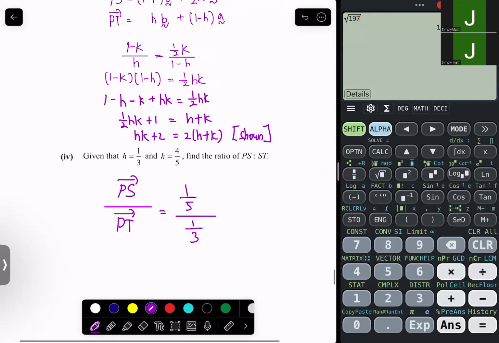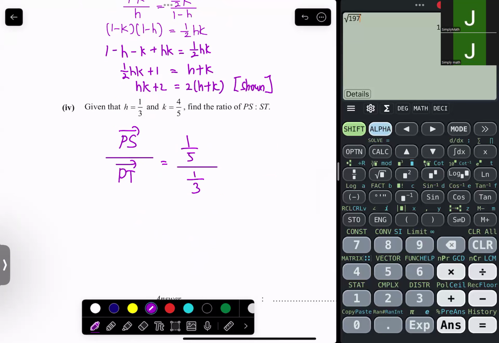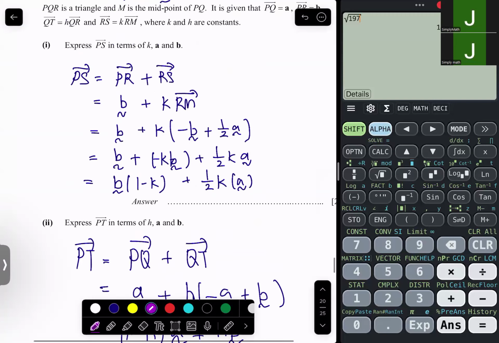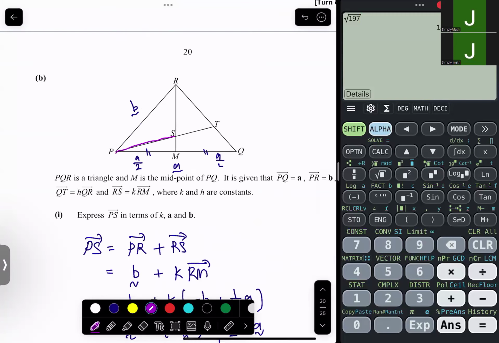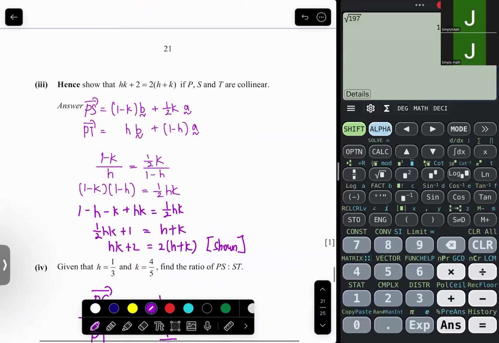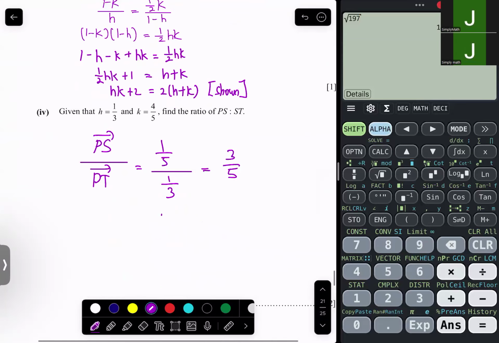So that means it will be 3 out of 5. So PS is 3 units, PT is 5 units, so 3 to 2. Therefore, PS is to ST is 3 to 2.